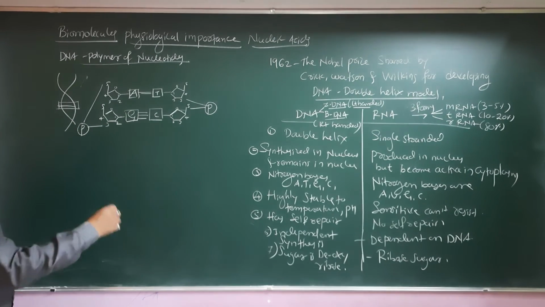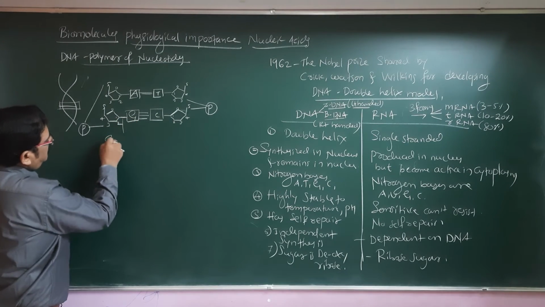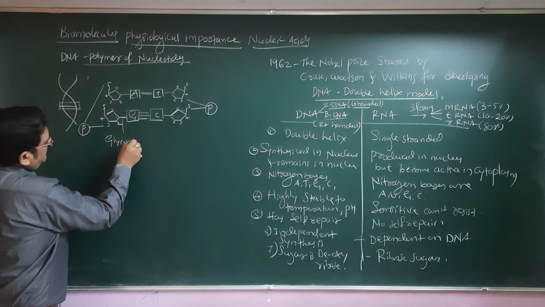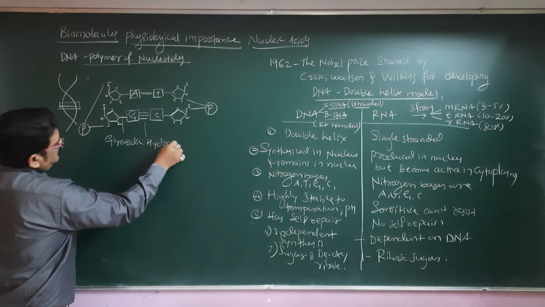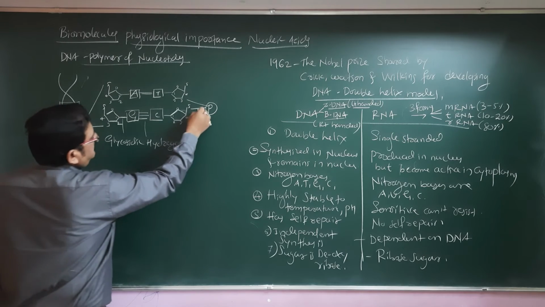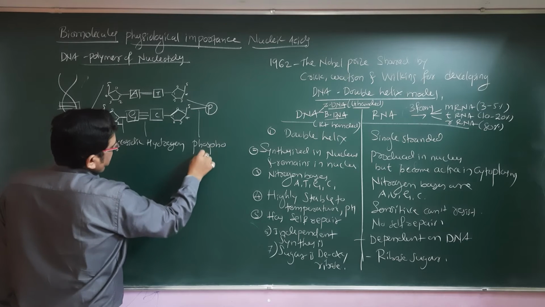Generally, what is this phosphodiester bond? All of you know that this is a glycosidic bond. These are the hydrogen bonds, and here is the phosphodiester.